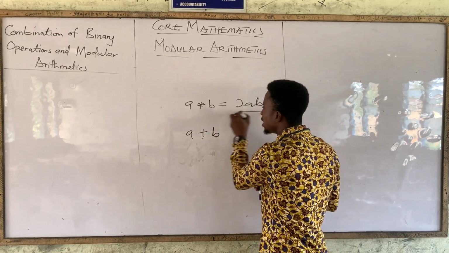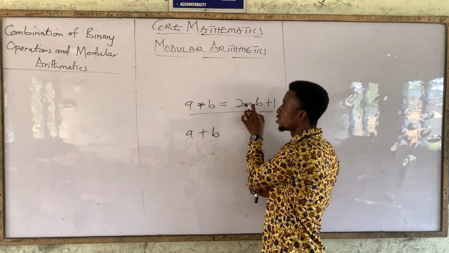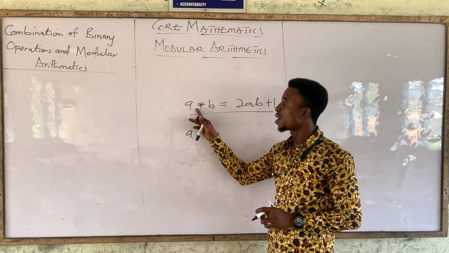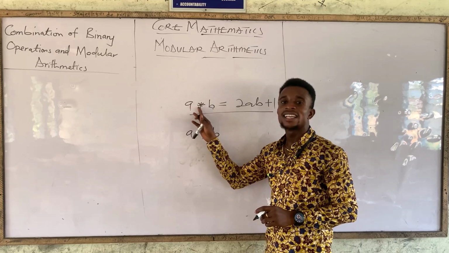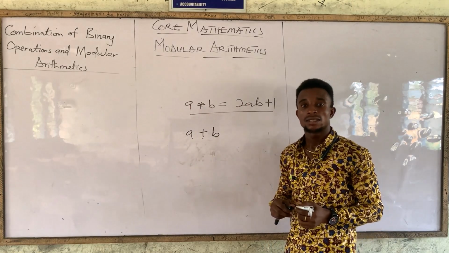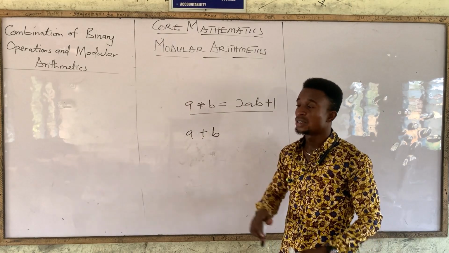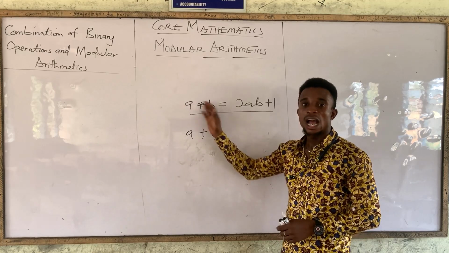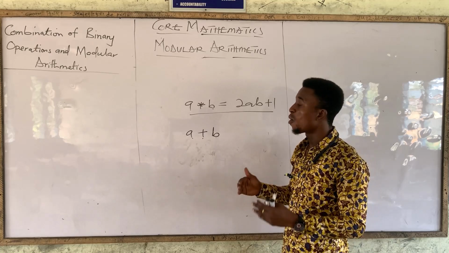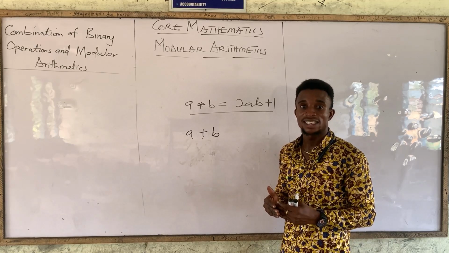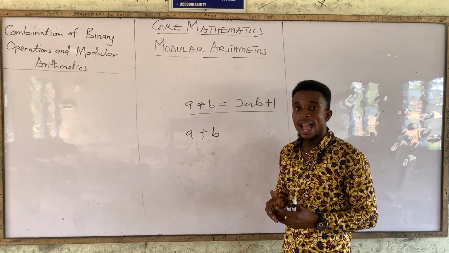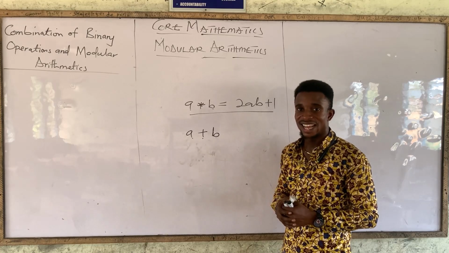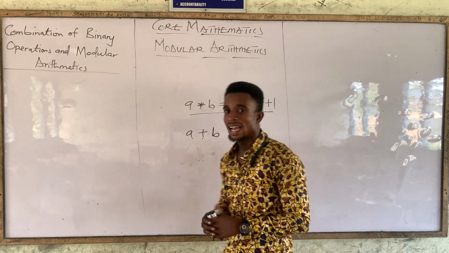A situation whereby the operator is defined on the machine is what we call a binary operation. So in binary operations, we have two things that we are combining, but we combine them using a machine, an undefined operator. Are we getting that? Okay, so that is that.